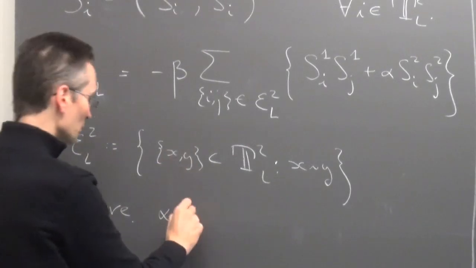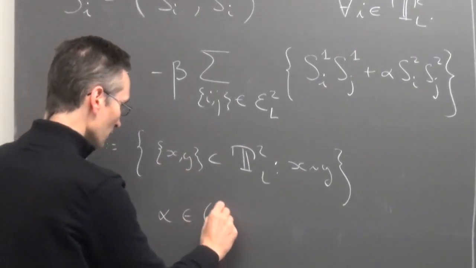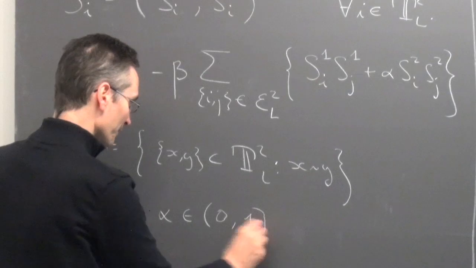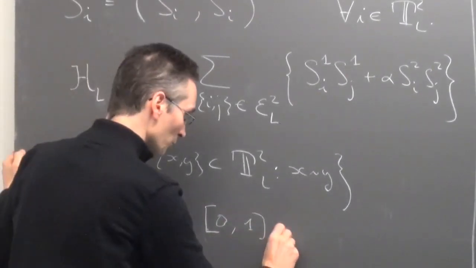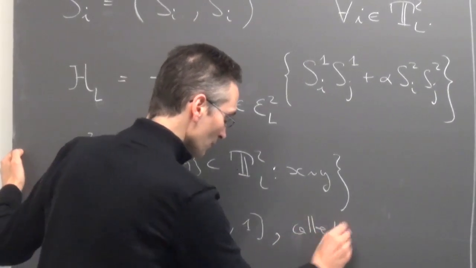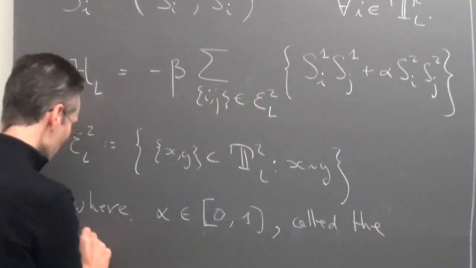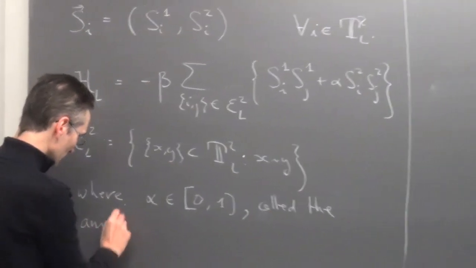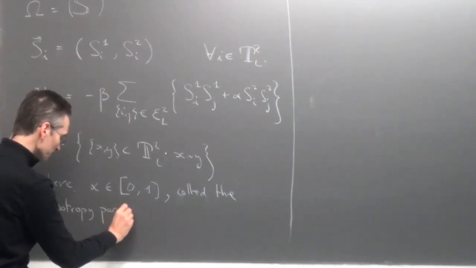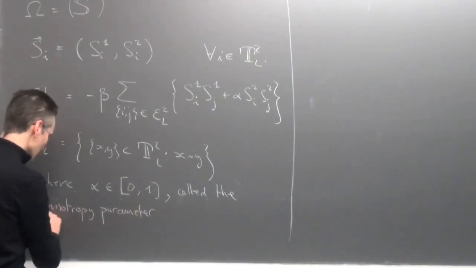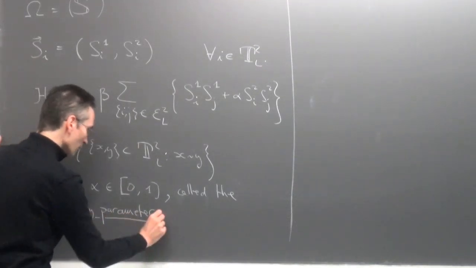where alpha is a number, say, between 0 and 1, called the anisotropy parameter. Let me explain a bit what this is about.